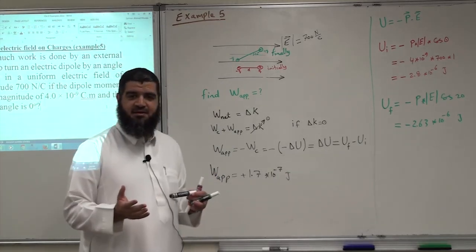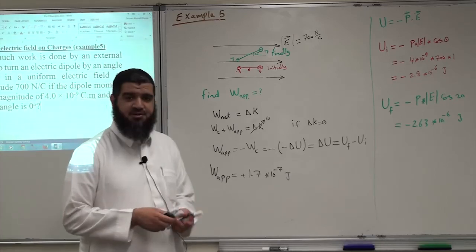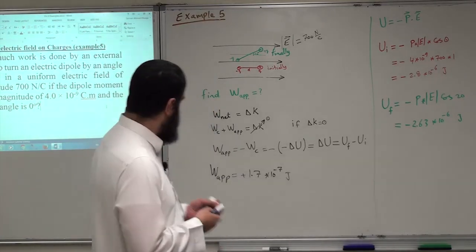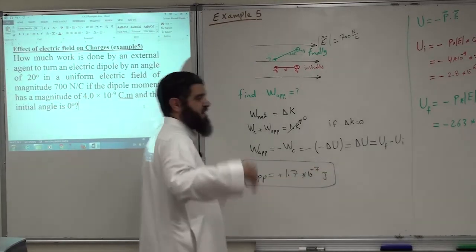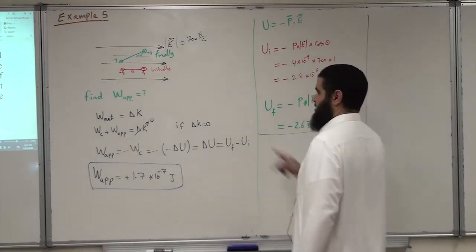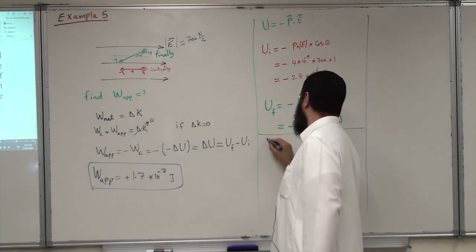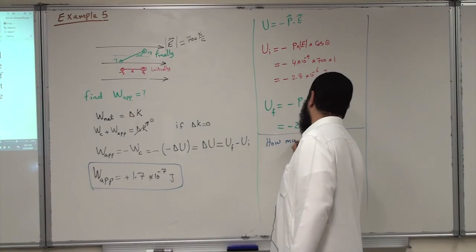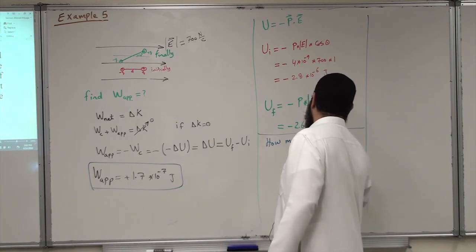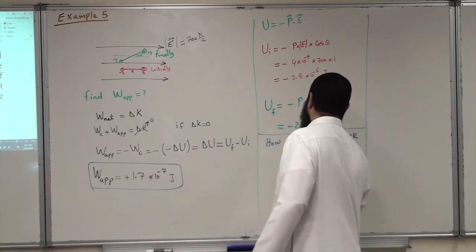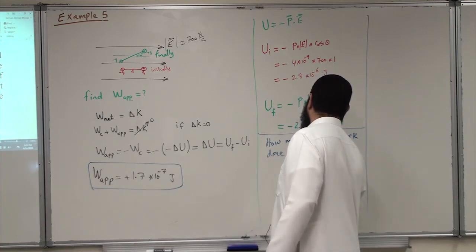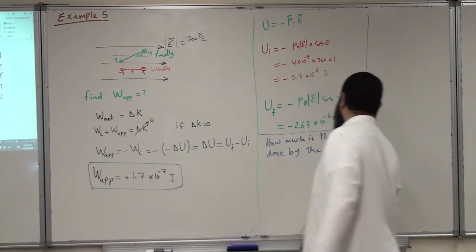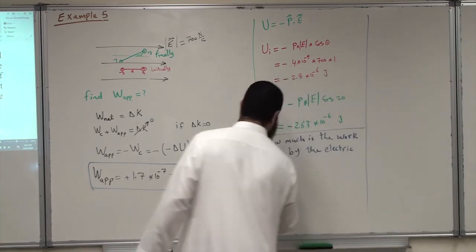Is it clear, my son? Let me extend the question. This is the answer, I am done, but let me ask you an extra question. Find how much work, in the same problem, is done by the electric field.